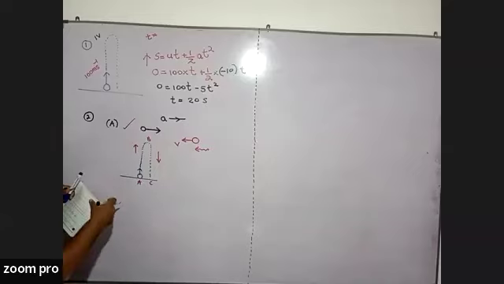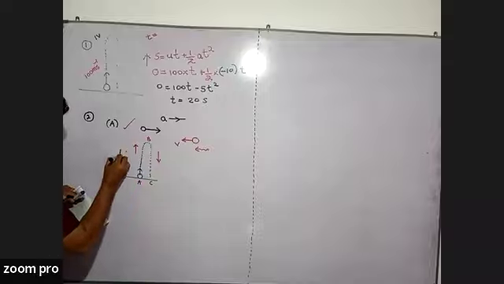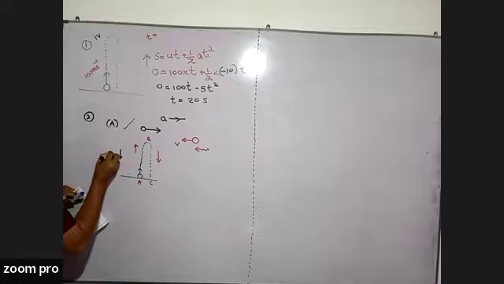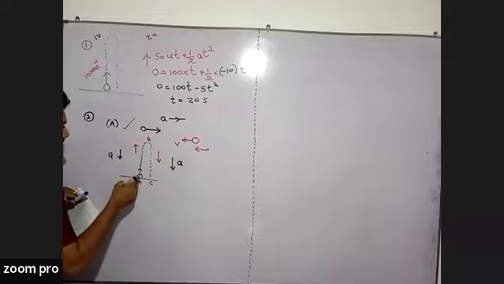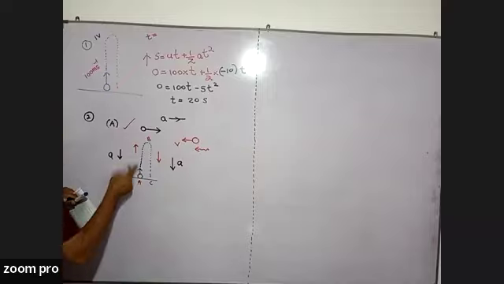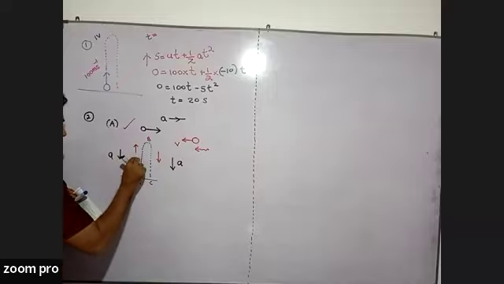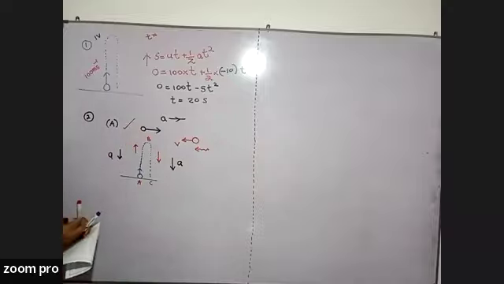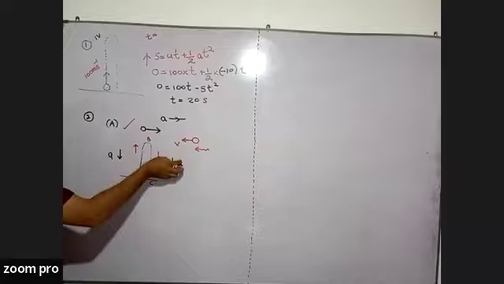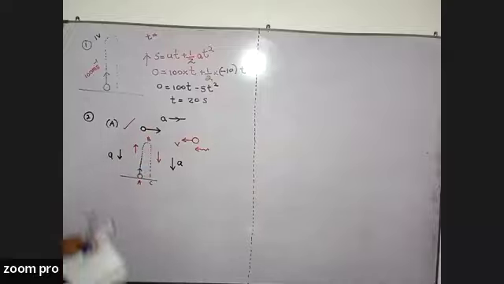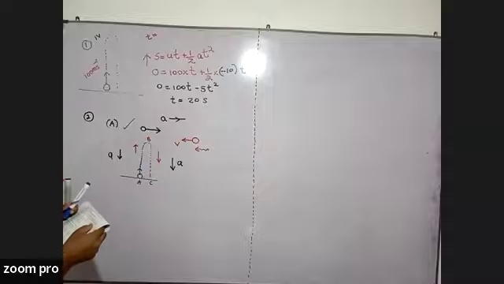Here the acceleration is always exerted towards the ground, right? But what happened when the object is moving upward, the velocity is gradually reduced, right? That means it is because the gravitational effect is exerted vertically downwards. So these are two different examples, right? However, the A statement should be correct.